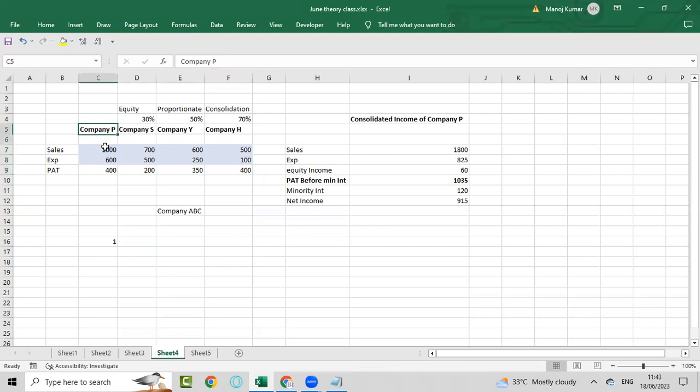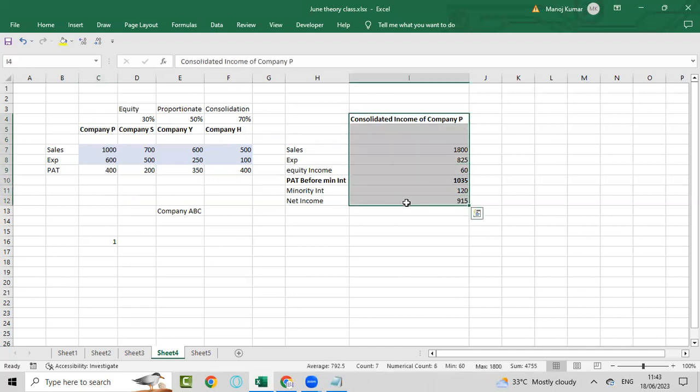When it is standalone, either for parent or for subsidiary, there will be no minority interest. When you are combining these two companies, then minority interest comes, and it will come only when parent company has less than 100% stake in subsidiary. If a part of subsidiary is not owned by parent, that portion is minority interest, and that will also come only when it is a consolidated income statement. Got it?